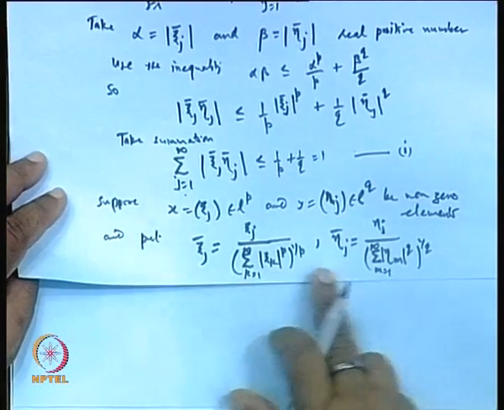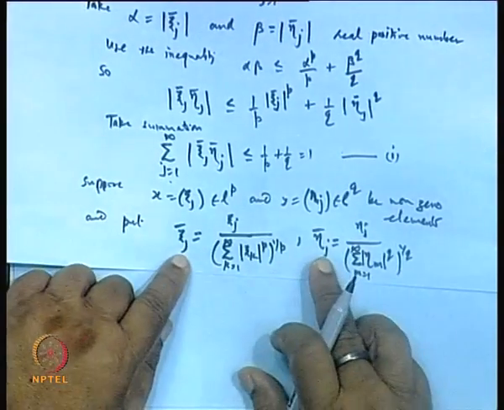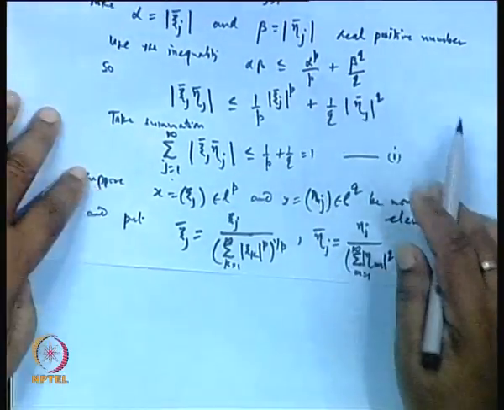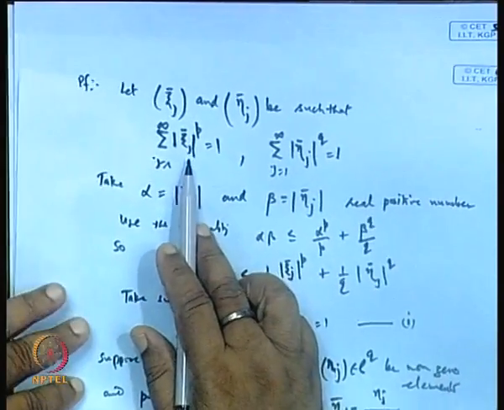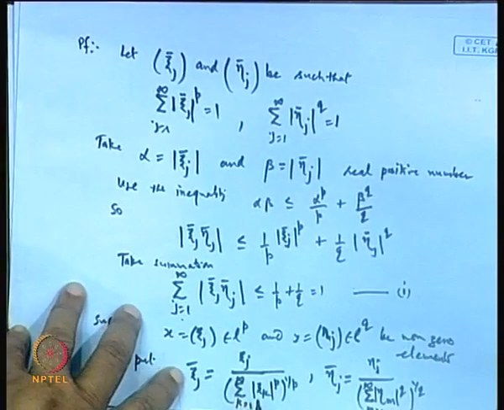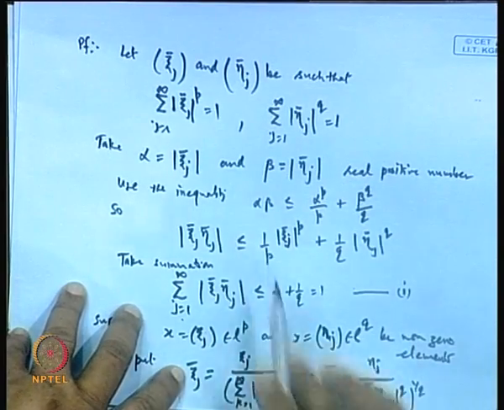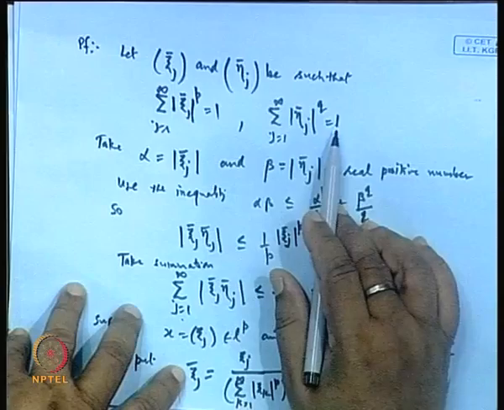So, if I choose xi_j bar and eta_j bar in such a way, then obviously this sequence satisfies the condition that sigma of this is 1, because as soon as you take the sigma of the power p, it comes out to be 1. It means it satisfies the earlier condition.